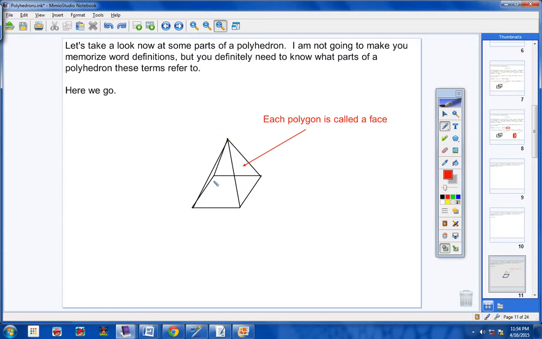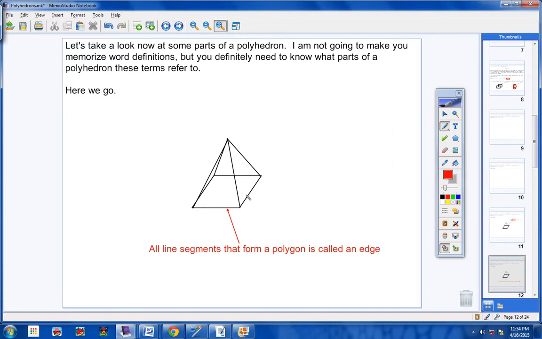This base that's either a square or a rectangle is called a face. Do you understand what a face is? Each polygon of the polyhedron is called a face. Okay? Take good notes on that. Pause the video if you need to. And we're going to continue on.